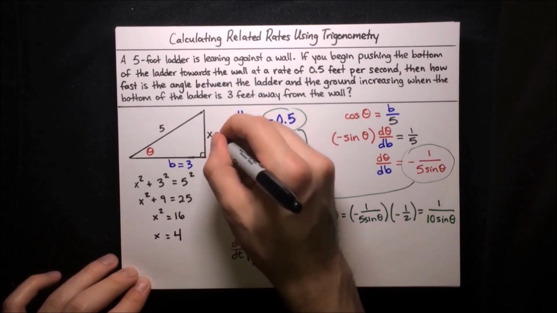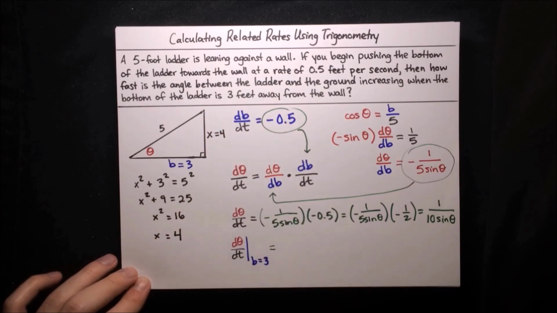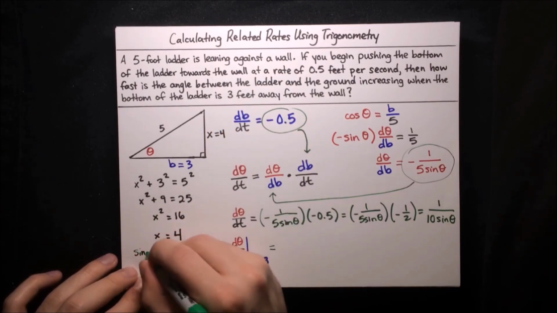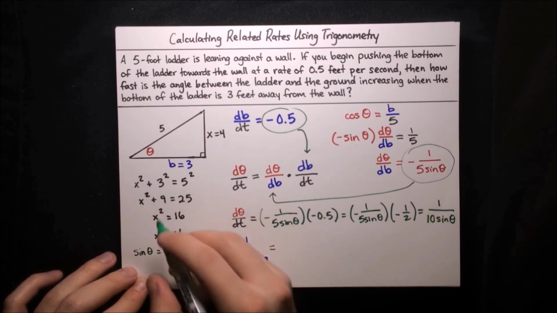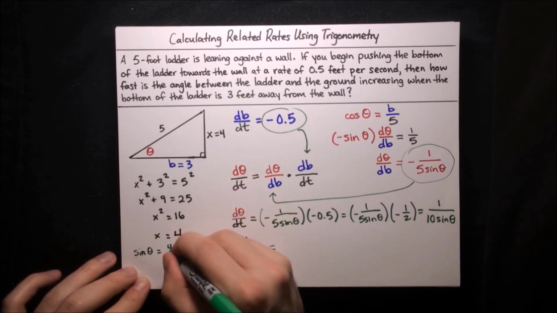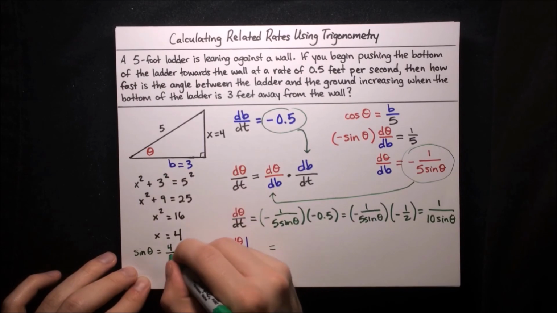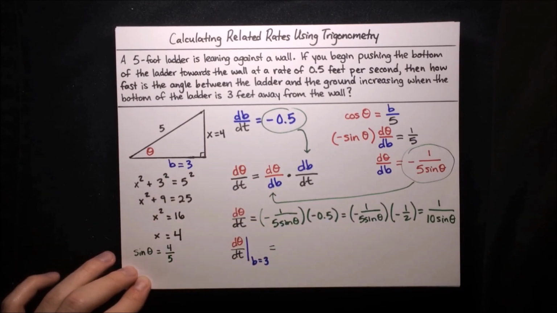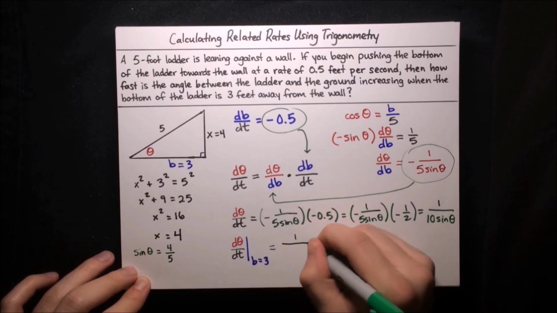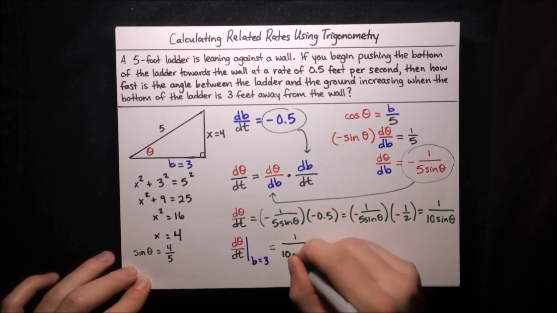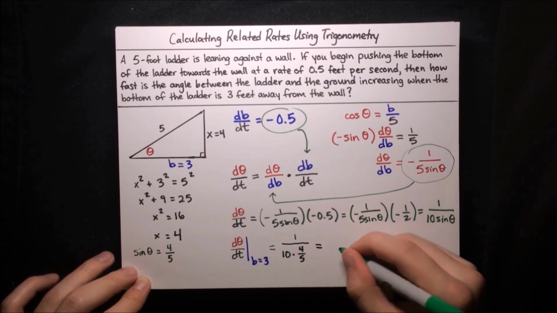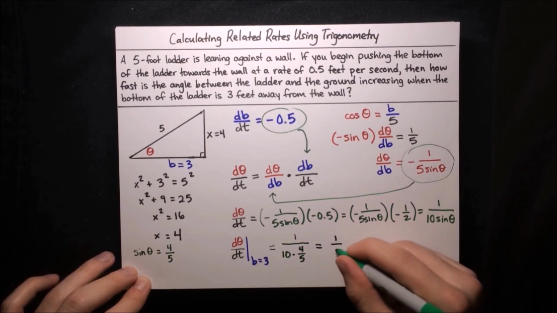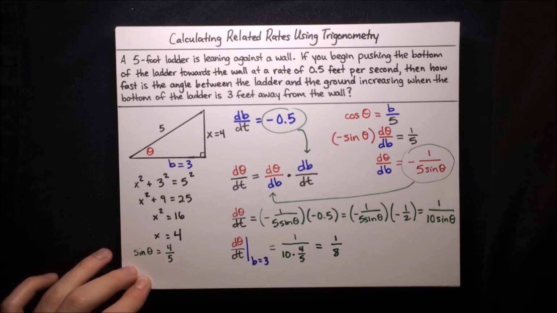So x equals 4, and that means sine of theta at this particular moment is equal to the opposite, 4, over the hypotenuse, 5. So d theta/dt at b equals 3 is equal to 1/10 times 4/5, which is equal to 2/25.